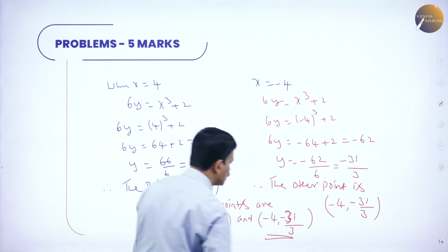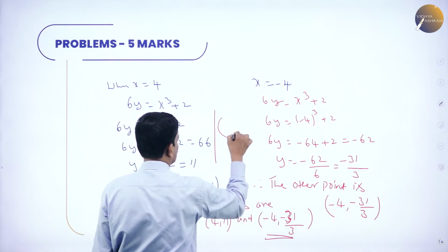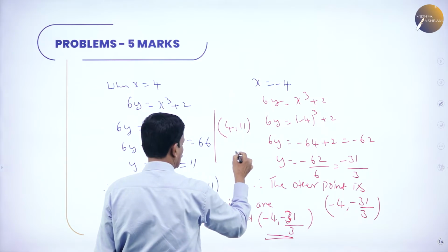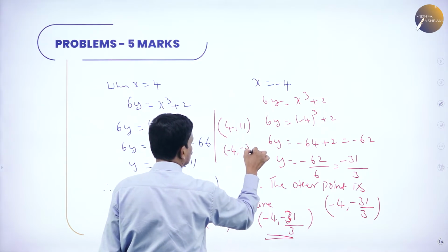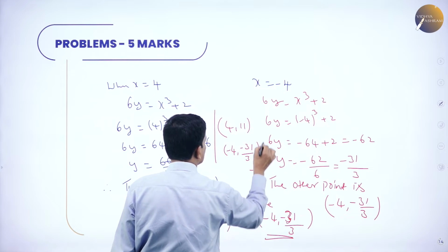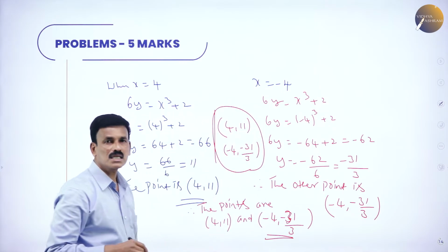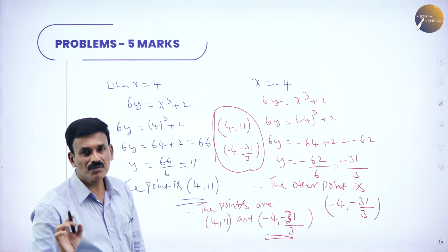So the points are 4 comma 11 and minus 4 comma minus 31 by 3. These are the points. That's it. Okay. Very simple, very important.